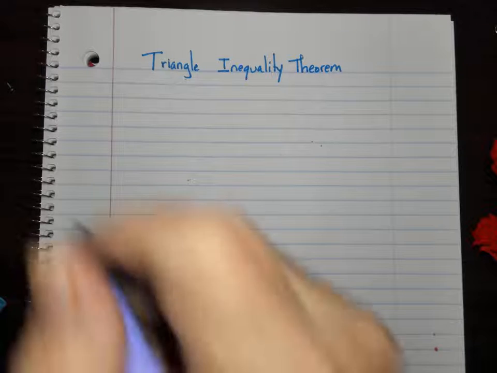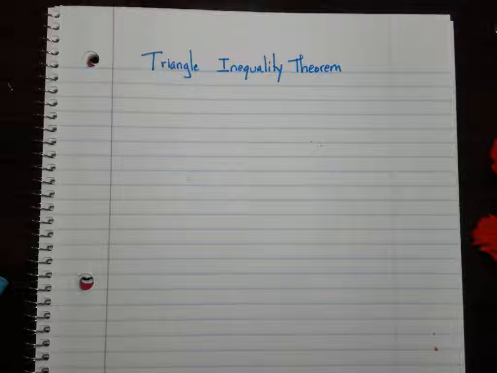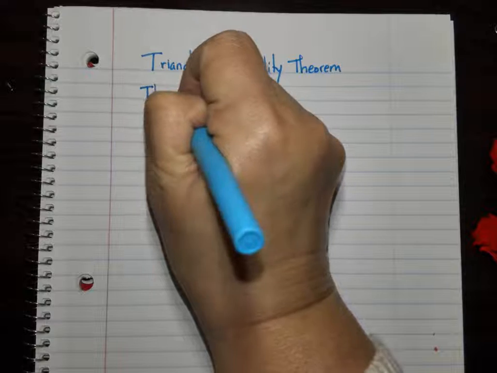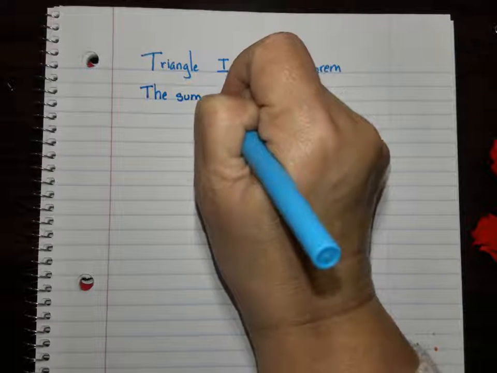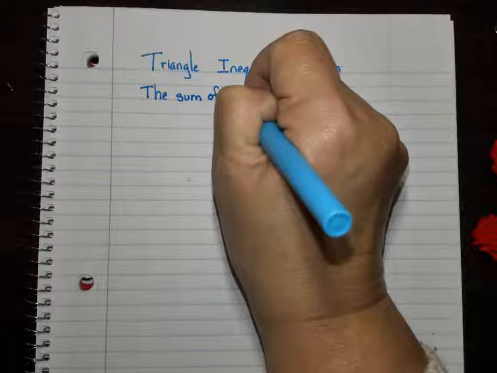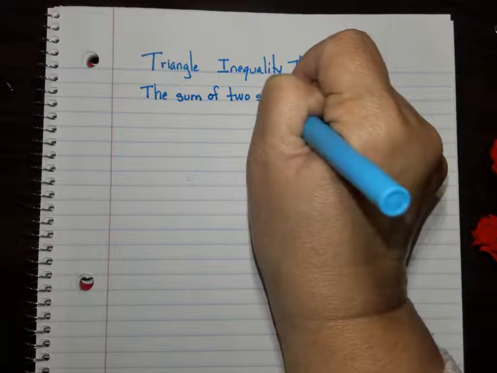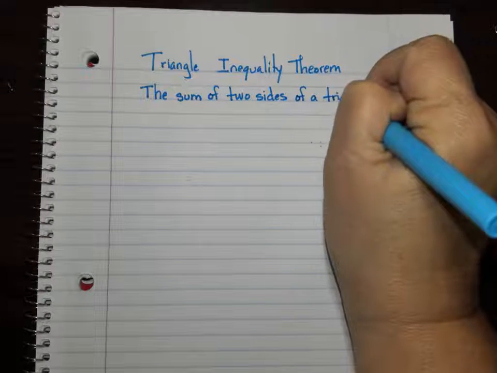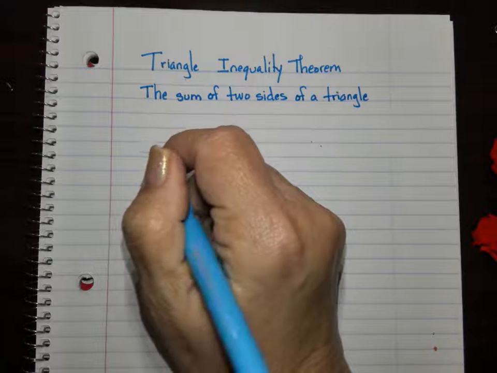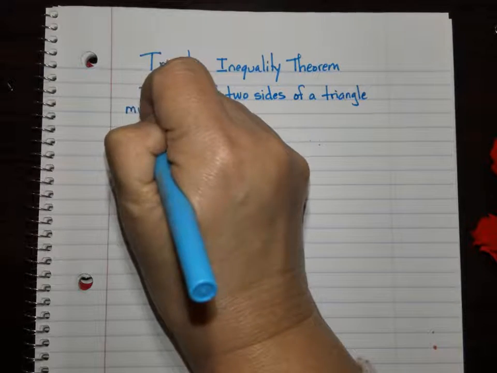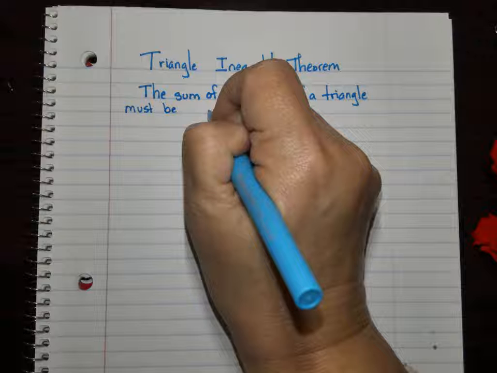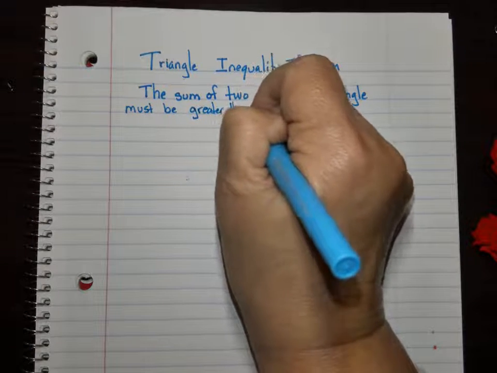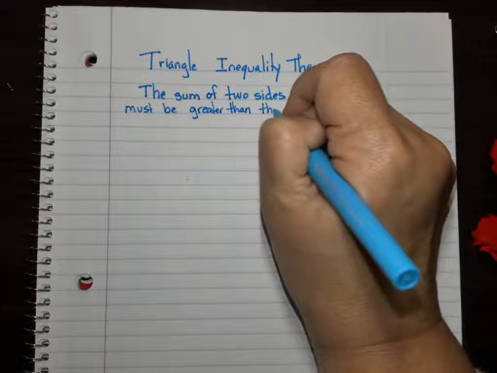And here it is written out in words. It says, the sum of 2 sides of a triangle must be greater than the 3rd side.